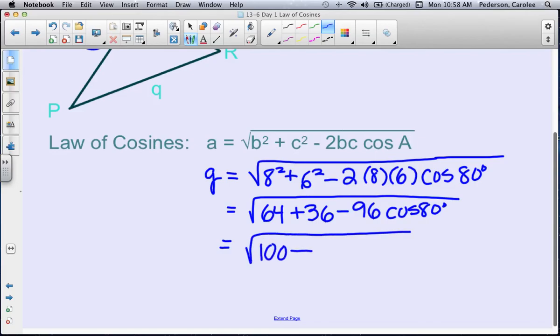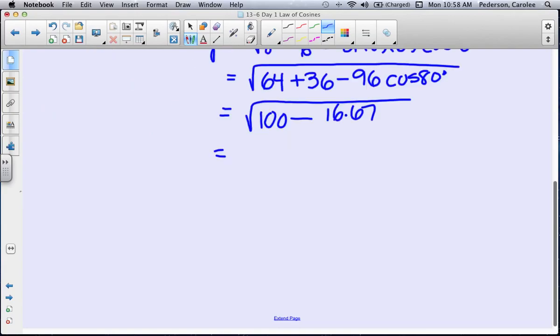And then I'm going to take 96 times the cosine of 80 degrees, which is 16.67. Subtract that from 100. And you get the square root of 83.33, and you get the side to be approximately 9.12 for Q.